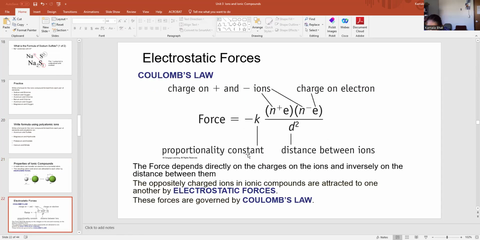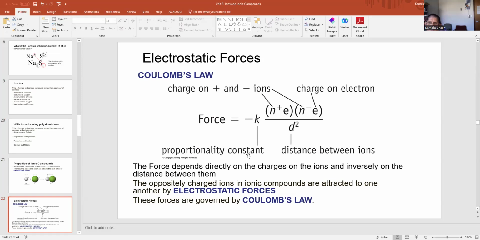And therefore, the electrostatic force of attraction, based on Coulomb's law, states that the force is equal to minus K, which is a proportionality constant, times n plus and n minus, the number of ions or valence charges, times the charge on an electron. The force depends directly on the charges of the ions and inversely on the distance between them.